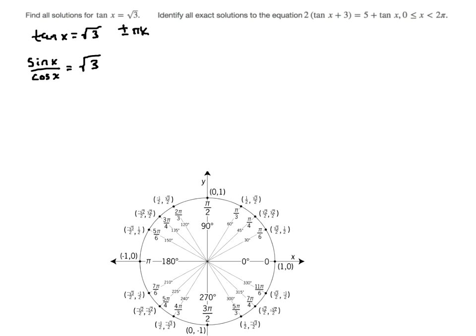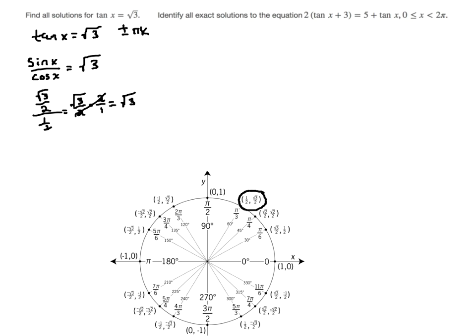So actually, once we get our solution, we're going to add or subtract pi k instead of 2 pi k. All right, so here's what I discovered. When you divide square root of 3 over 2 by 1/2, you get the square root of 3. So watch this. Square root of 3 over 2 divided by 1/2 is the same thing as square root of 3 over 2 times the reciprocal 2 over 1. My 2's divide out and I get the square root of 3.